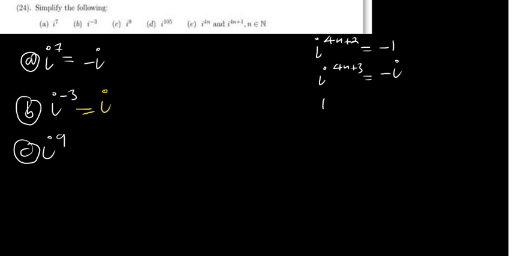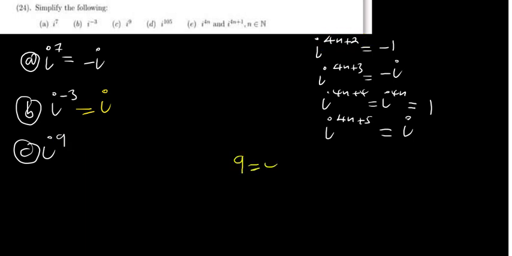Then we've got i to the power 4n plus 4, or simply i to the power 4n. This is always going to be equal to a 1. And then we have got i to the power 4n plus 5. This is always going to be equal to an i. So here we are. So which ones are we going to compare to? So if I equate the 9 with this power which is here, let's try. We see what we're going to get.